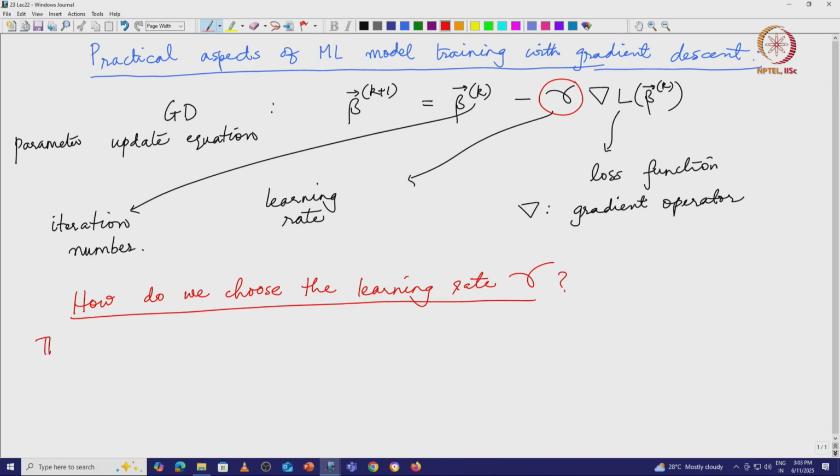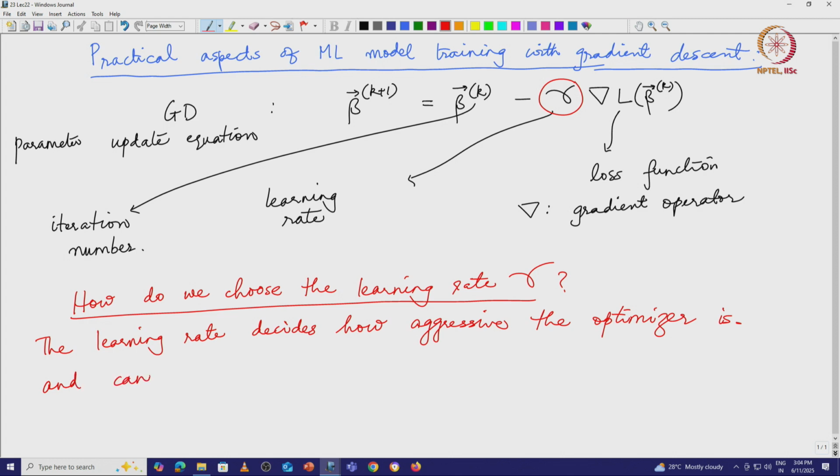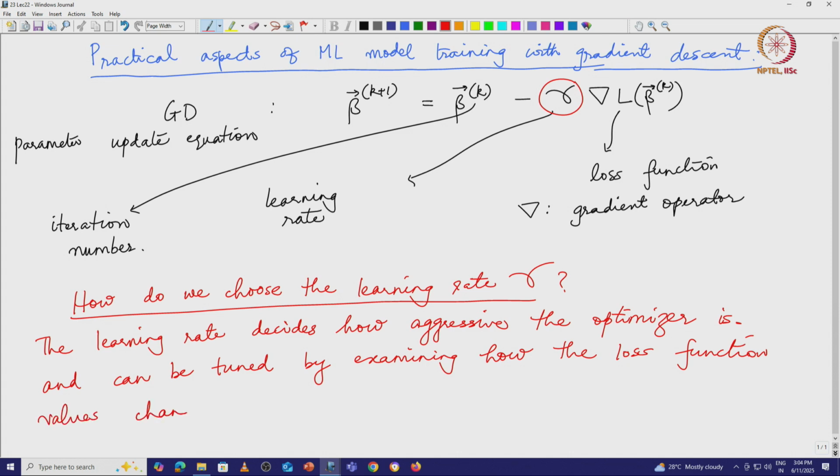So the learning rate decides how aggressive the optimizer is, and can be tuned by examining how the loss function value changes as the training proceeds.